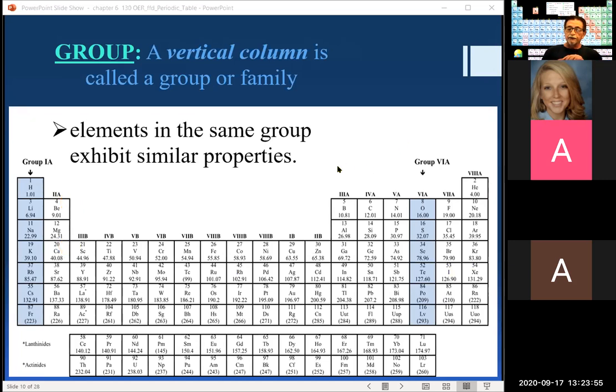Now, again, the groups are labeled by their Roman numeral. Okay, so everything in blue is in the same group. Now, remember, hydrogen is in group 1. Even though it is placed in that group, it's not a metal. Remember that, okay? It is a non-metal.